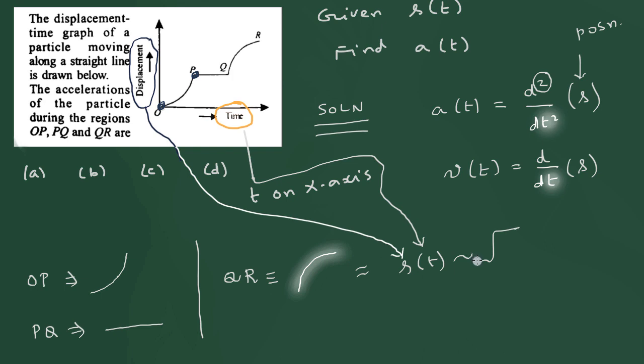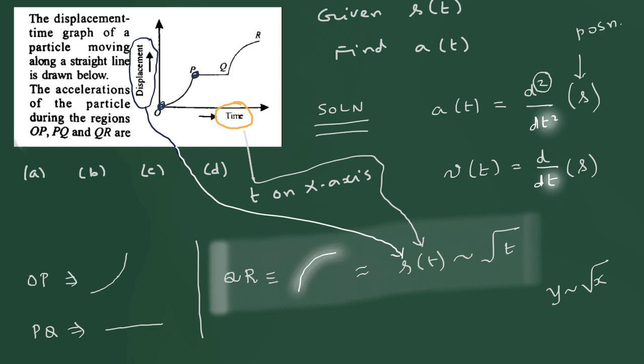Square root of not the y-axis, it's a square root of the x-axis. And what's the x-axis in the given problem? X-axis is time. So y behaves like square root of x. So what is our conclusion? In the region QR, the curve behaves like square root of t.